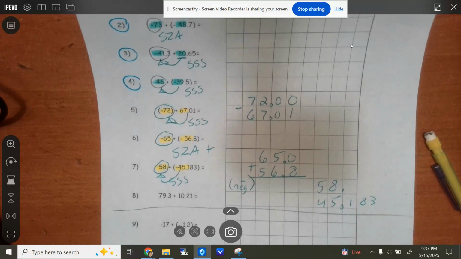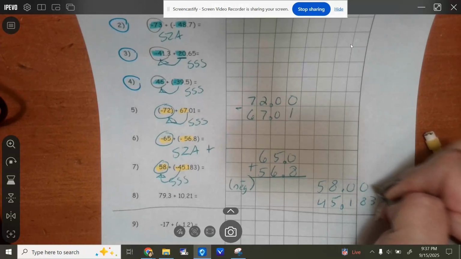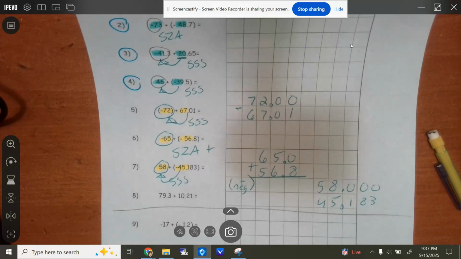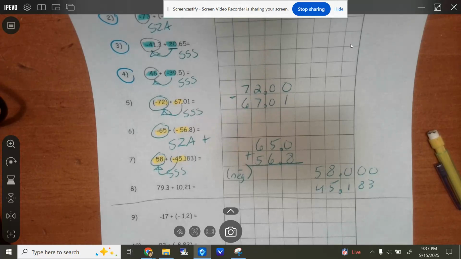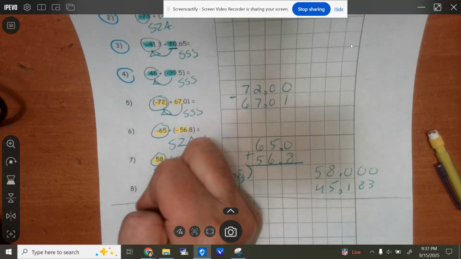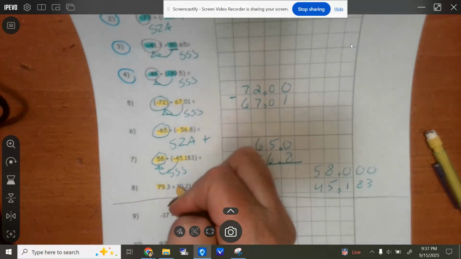I didn't give myself enough room, but over here I could add my zeros. You need to do that because many of you are going to forget to borrow and put a 3 and an 8 down there. So it's important.